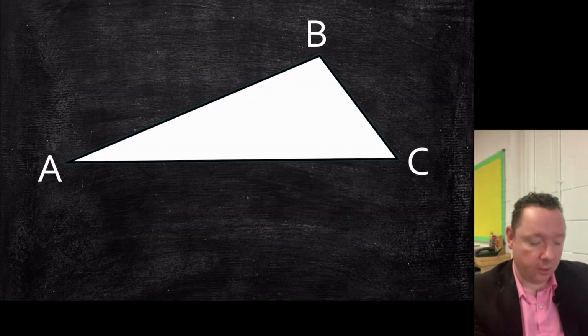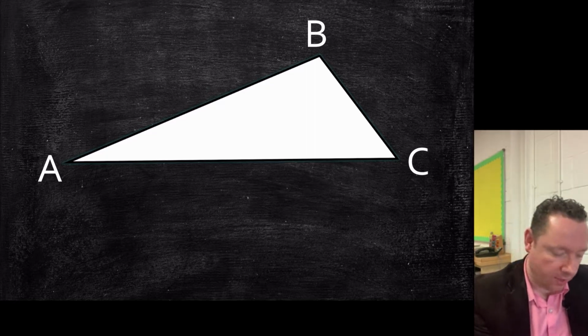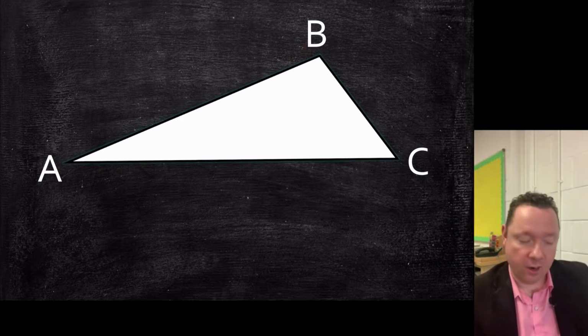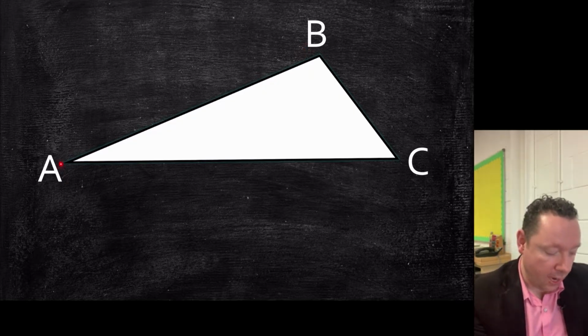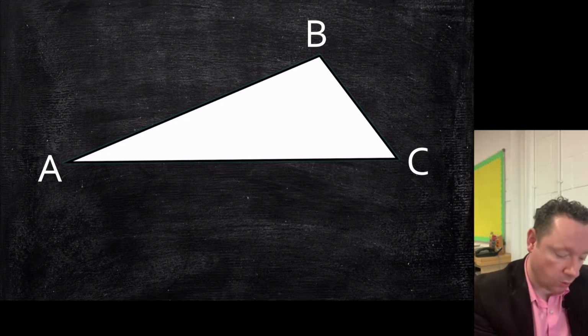Okay, so I've got a triangle here labelled A, B and C. So what is the sine rule at National 5 Maths? Well, first of all, we need to be able to label sides. A, B and C are capital letters. If we go from an angle and go straight opposite it, that side is also called A, but we write that as small. So that would be a little a there. And similarly, B would go down to here, so that would be a little b.